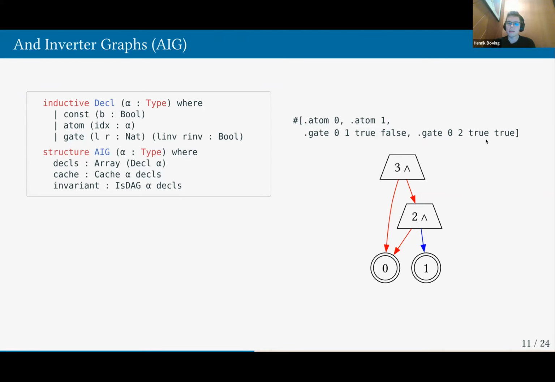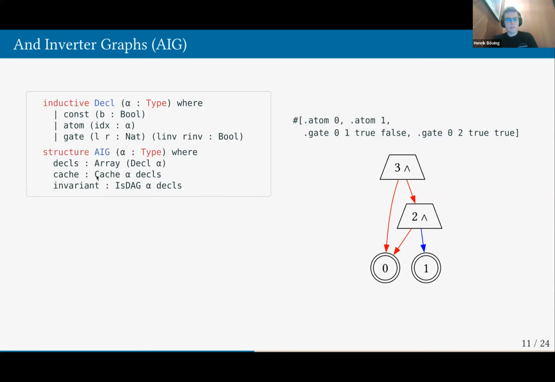And the last gate here has as a left input the 0th index, which is the atom 0, and then its other input is the second index, which is this gate, and so on. And of course, when you're building the circuit, like when you're adding new nodes and so on, while you do the translation, you need to know, like, am I right now building a node that already exists in the circuit to then reuse it, of course.